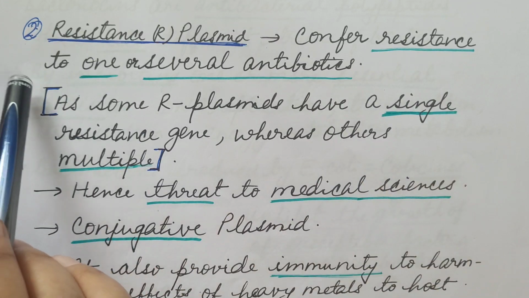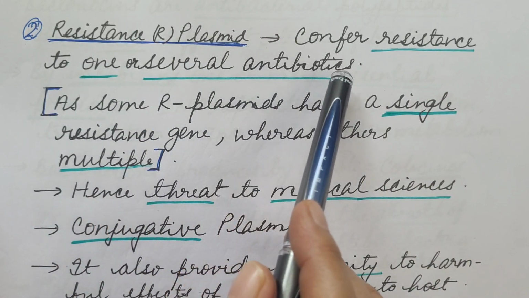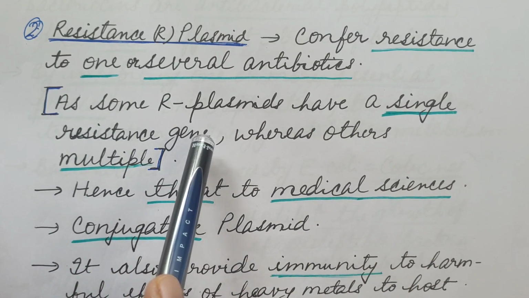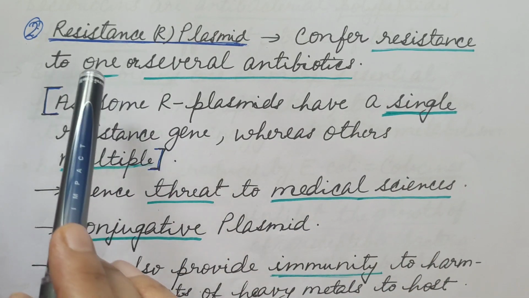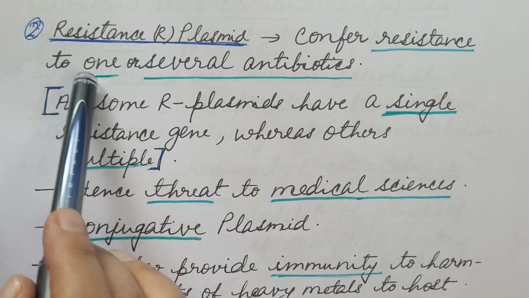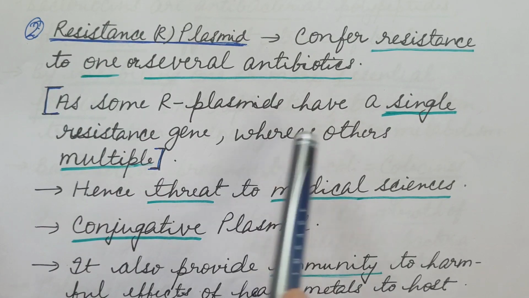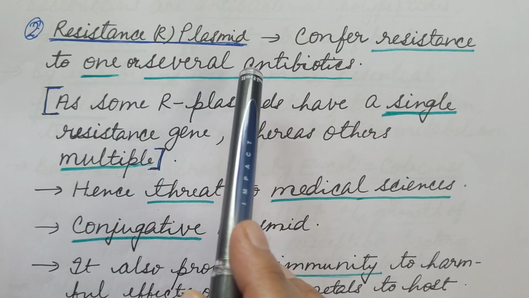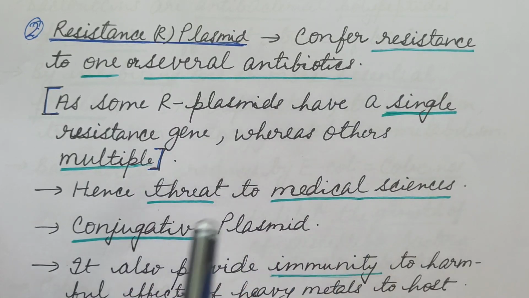Second is resistance, or in short R plasmid. These confer resistance to one or several antibiotics. Some R plasmids have a single resistance gene, then the host cell is resistant to one antibiotic. And if R plasmids have multiple resistance genes, then the host cell is resistant to several antibiotics.